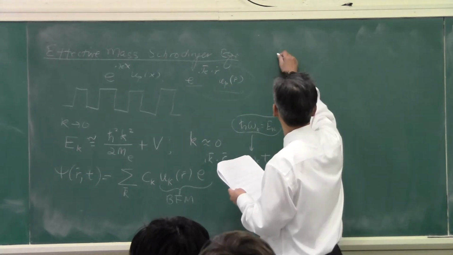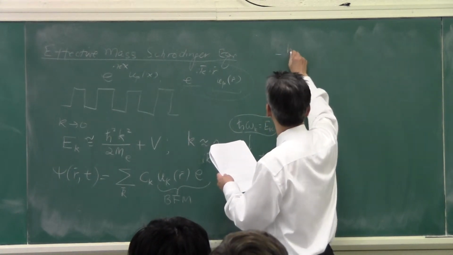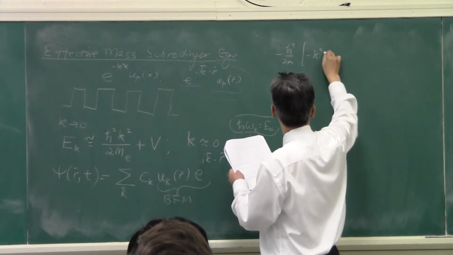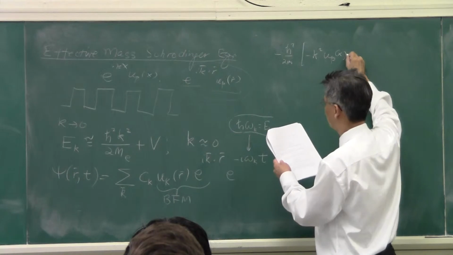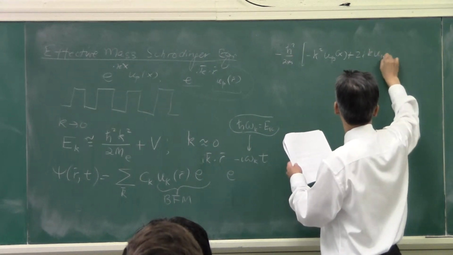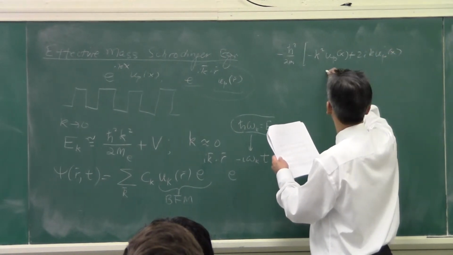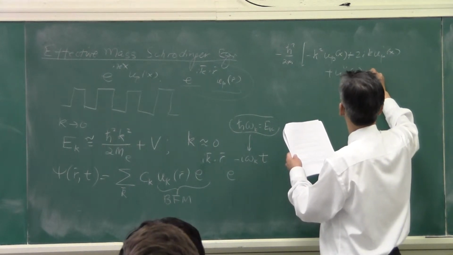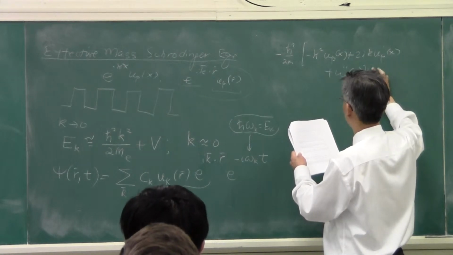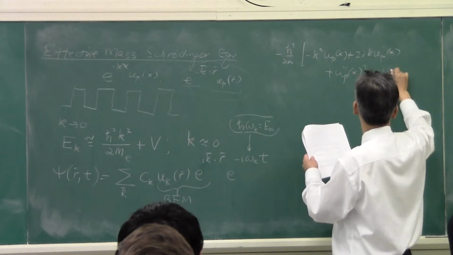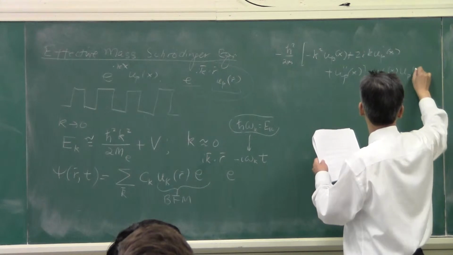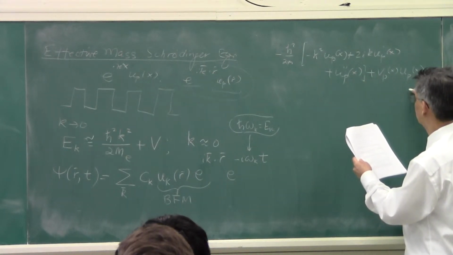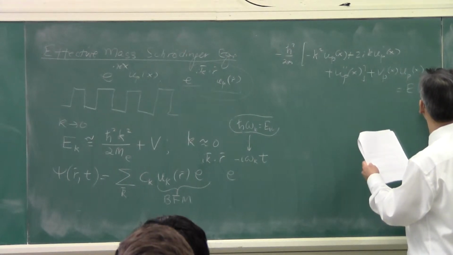The equation for K was something like h squared over 2m minus k squared u_k(x) plus 2ik u_k'(x) plus u_k''(x) plus V_p(x) u_k(x) is equal to E u_k(x).